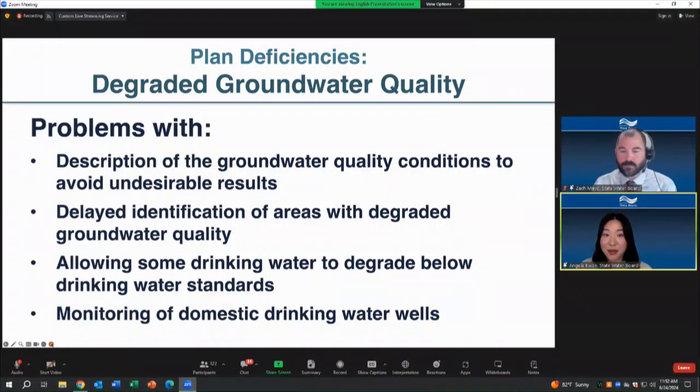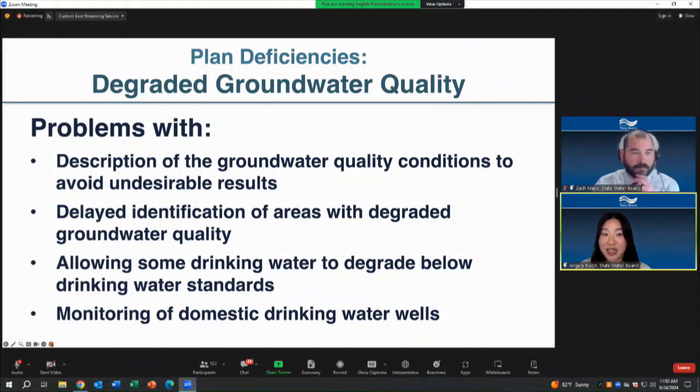This may lead to delayed management or mitigation of degraded groundwater quality. The plans set agricultural water quality standards for drinking water wells in agricultural areas. This means that water quality in domestic wells could degrade below drinking water standards without being considered an undesirable result.